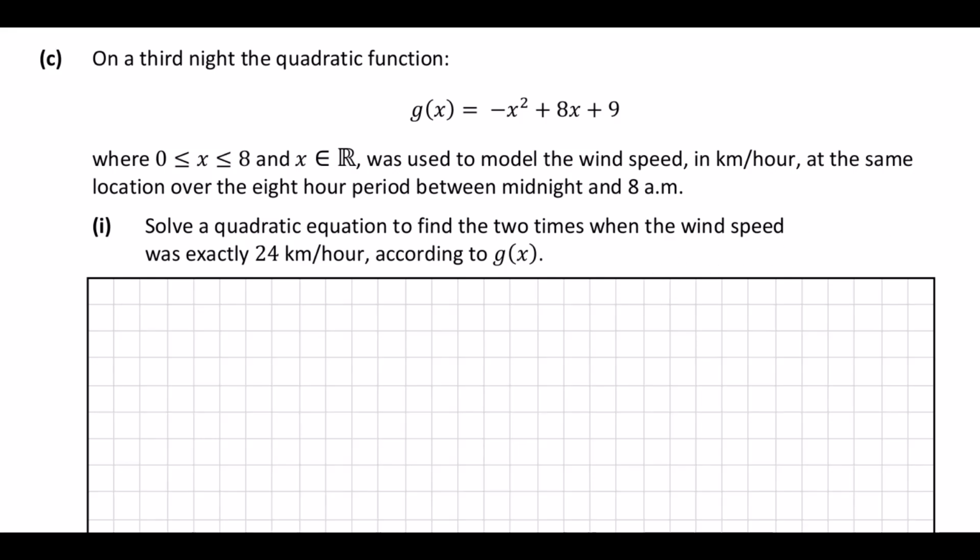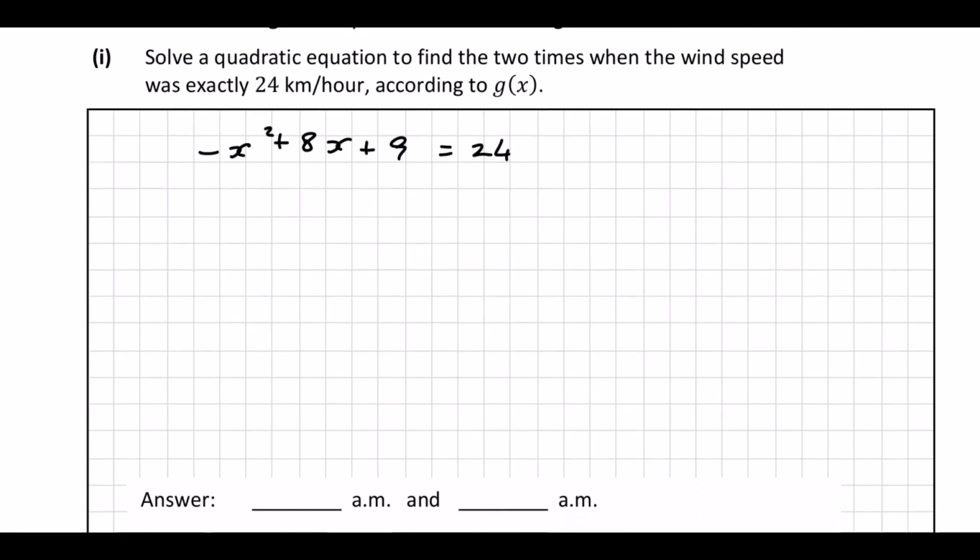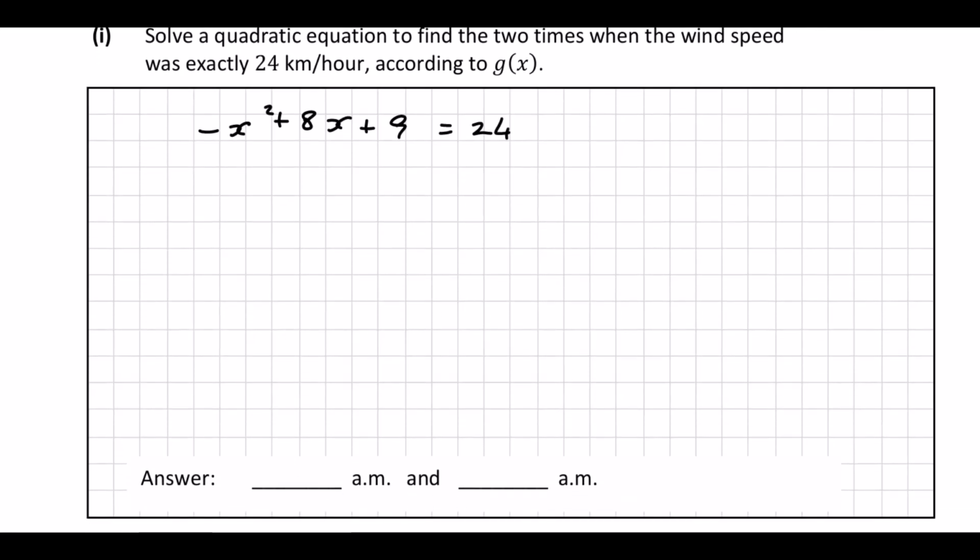So we need the wind speed to be 24 kilometers per hour. In other words, minus x squared plus 8x plus 9 must be equal to 24 because g of x is the wind speed. So this is the wind speed here. So we want the wind speed to be 24 kilometers per hour.